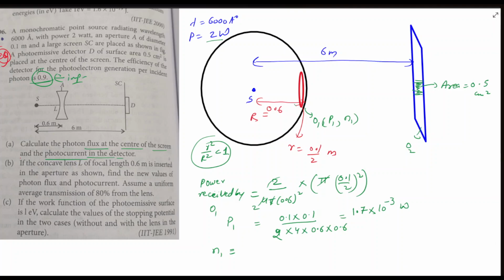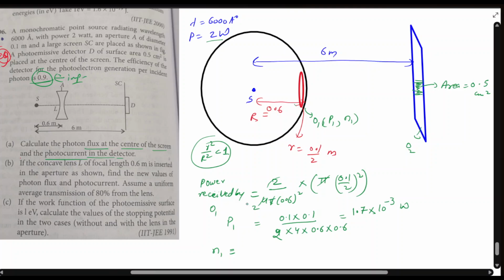Now it will be 3.47, so I'll write it as 3.5. So the power at this observer will be 3.5.